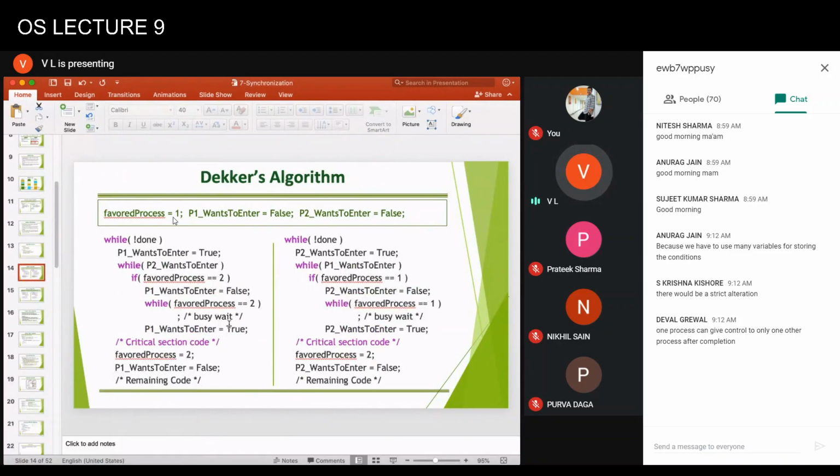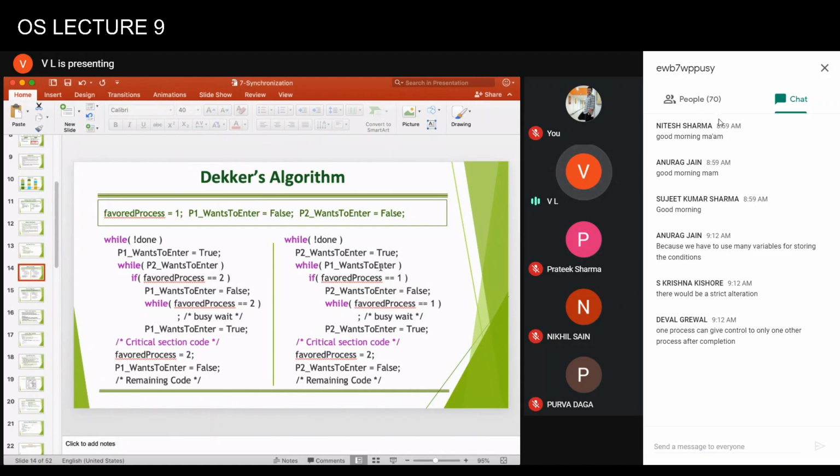So it is quite possible that the favored process is equal to 4, and let's say P1 wants to enter. So when P1 is continuing to its critical section and is executing its critical section, favored process is 4. And let's say P4 wants to enter.